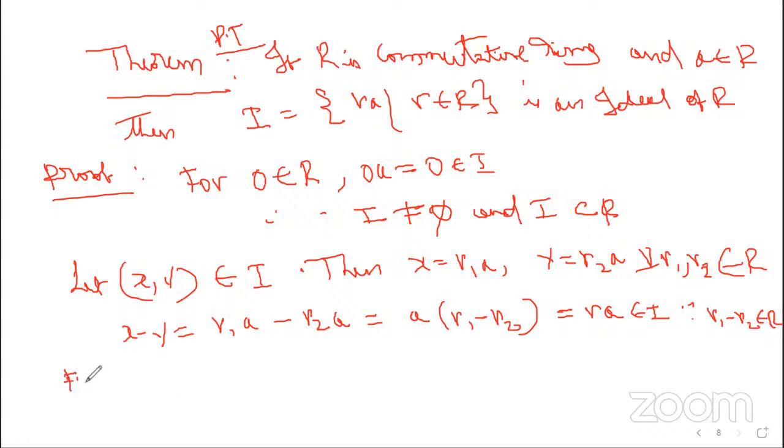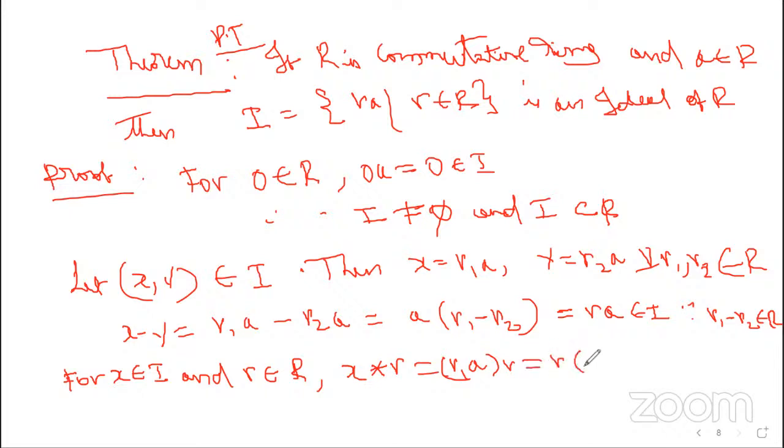For x belongs to I and small r belongs to capital R, x times small r equal to r1 a times r, equal to r1 times ar, equal to r1 times ra.